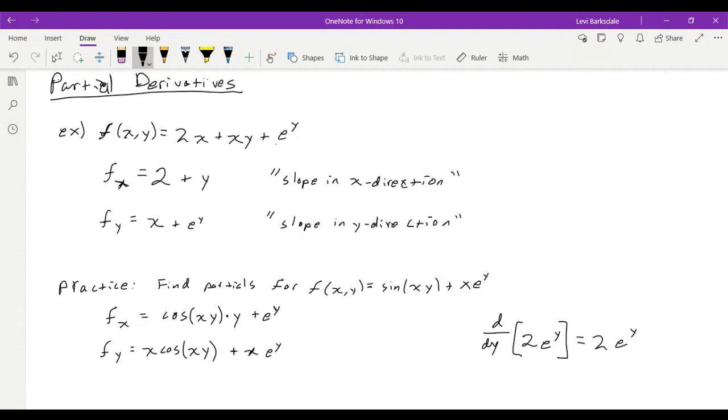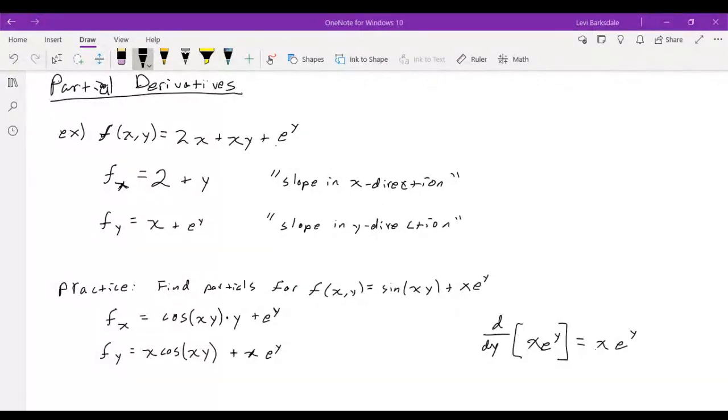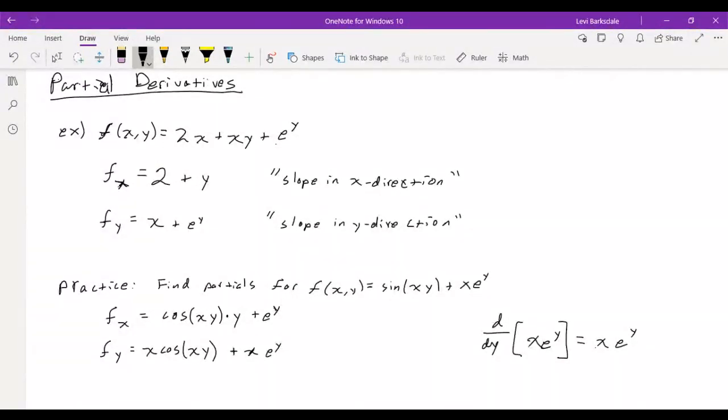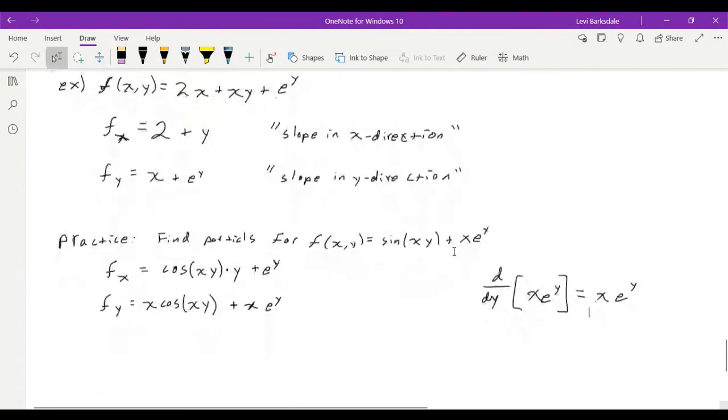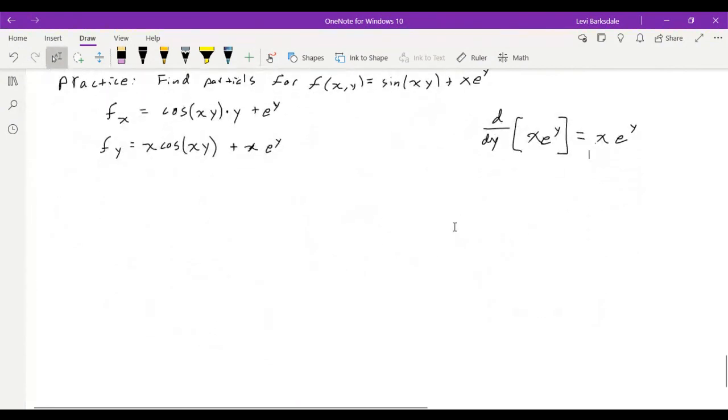Same situation we have right here, except instead of having a 2 right here, we have our x variable. But since we're treating it like a constant, it just stays out front like that. Yeah, of course. So those would be our first partial derivatives. But then we can actually find second partial derivatives.